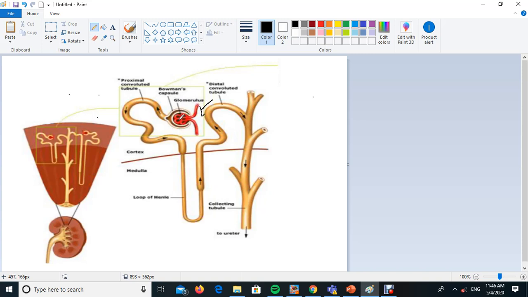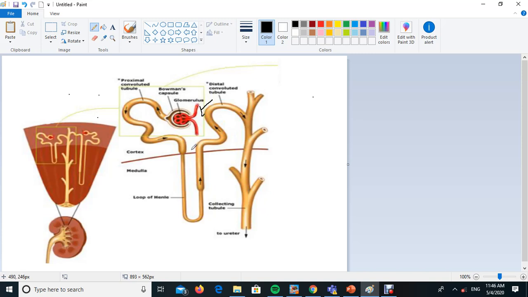The blood is squeezed inside this glomerulus. And then what happens? The materials inside the blood go out according to their concentration gradient. They go out of the glomerulus to the Bowman's capsule, then to the nephrons.